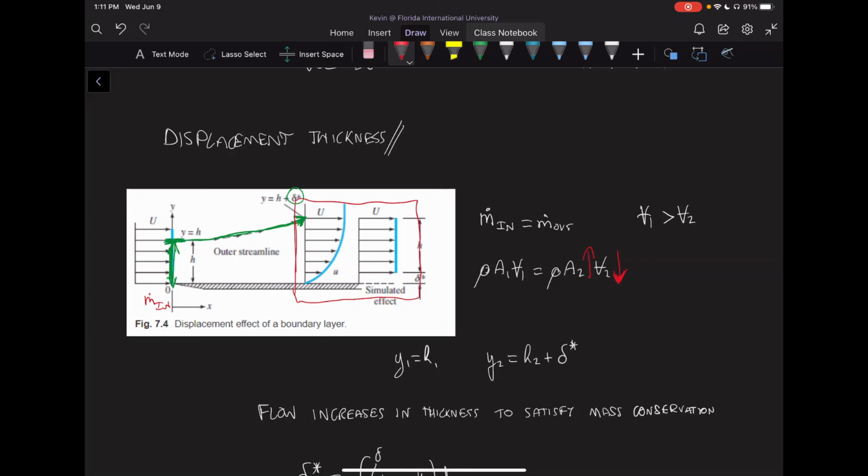Okay, so it's not a real representation of the flow, but it gives us the same approximation of the mass flow rate or the velocity of the flow, and this shift upwards of the flow. Okay, so a kind of neat observation, and you can read more about it in the book if you want to. And you might have some problems with d star given in your study problems or in some of the examples that we will do.